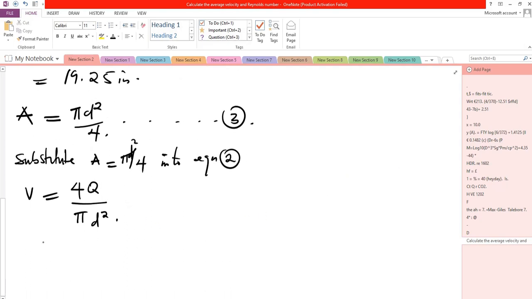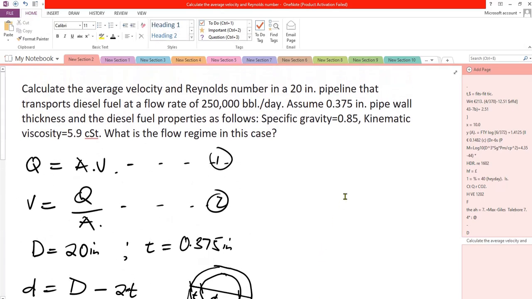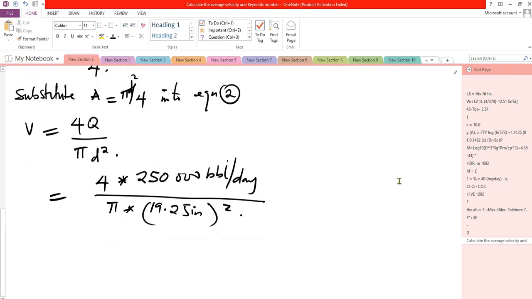To get your V, it will be equal to 4 times Q, where Q is 250,000 barrels per day, divided by pi times the small d, 19.25 inches, squared.